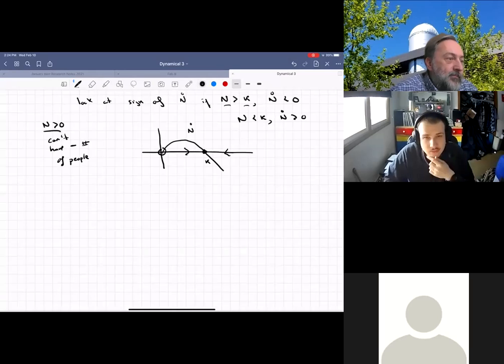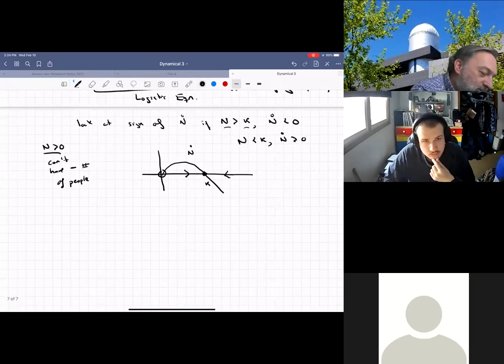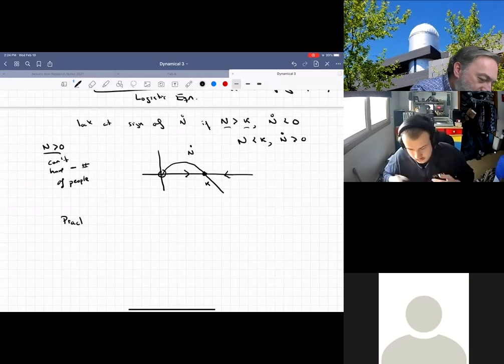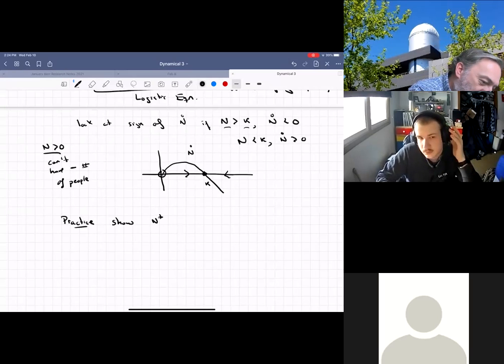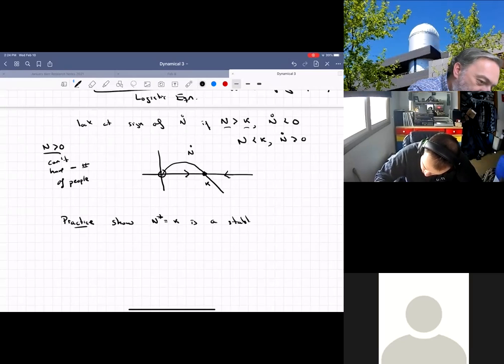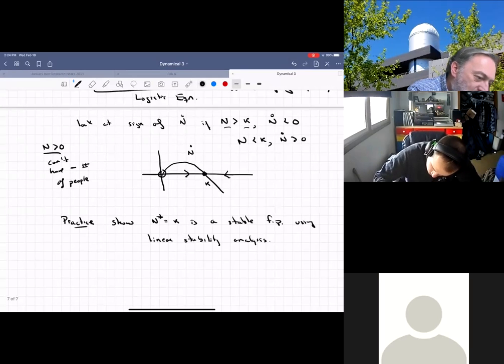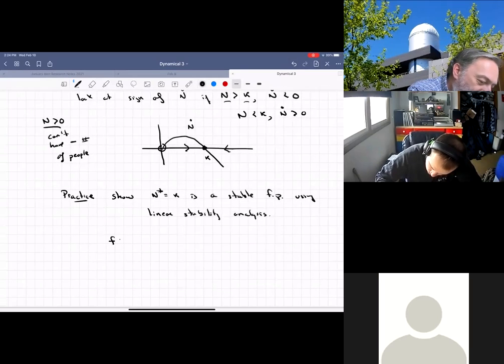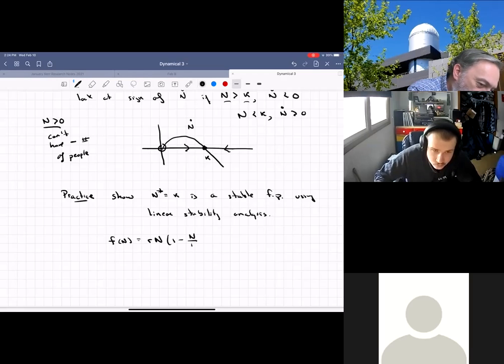All right, so let's do one to practice. Let's show that n star equals k is a stable fixed point using linear stability analysis. So f of n is R n times 1 minus n over k.